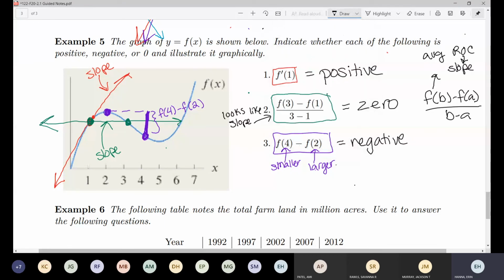But with this one, this calculation is not representing a slope. It's just subtracting two numbers from each other. Now we can represent that graphically as essentially the distance, the change in y between the two of them, but it's not actually a slope. So we don't want to draw a line because that's saying that we're looking at a slope when we don't actually have a slope here.